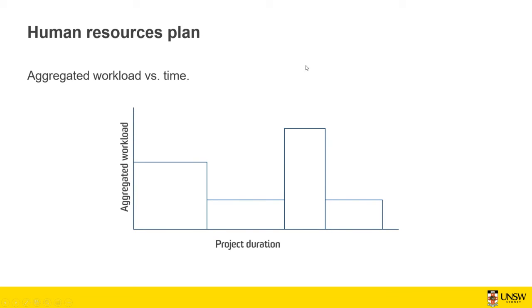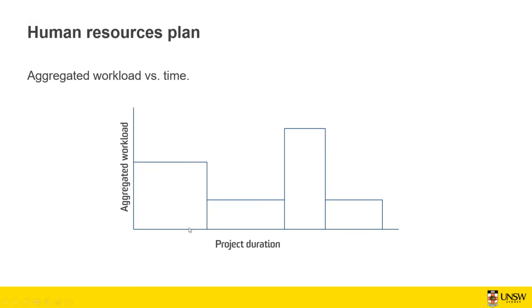The other thing is about your human resources. You have the aggregated workload and also the project duration. For example, here you can see that at the start of the project you have some workload, and then your workload is getting reduced for another task with a longer duration, but suddenly you have a task that needs to be done quickly, and you need to use a lot of workload, and then it's again reduced.